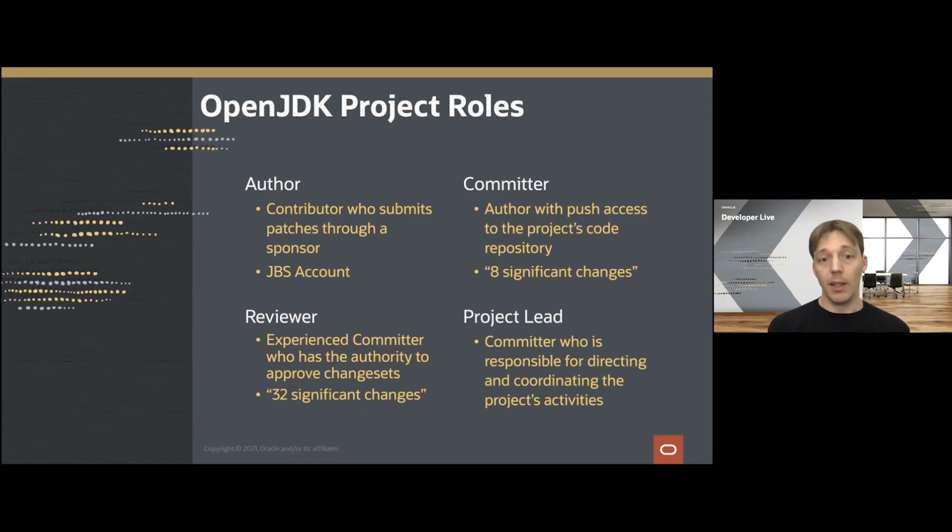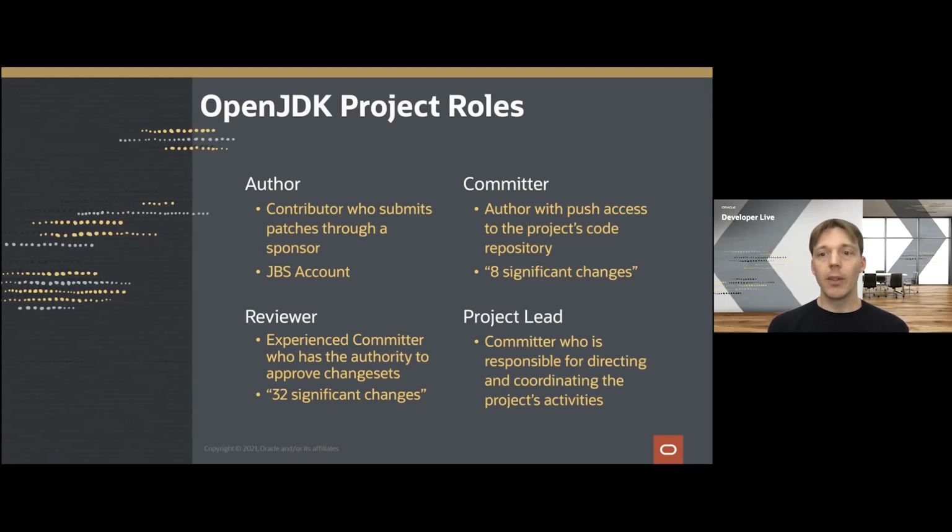Again, it's another reason why you should always discuss your changes on the mailing lists first, because the sponsor needs to be someone who is a committer or reviewer in the project. And in order to find this person and get the person engaged and interested in your change, you will need to have these discussions before you publish your patch. An author will also get write access to the JBS, the bug data system. And that's when you can start filing your own issues, reporting bugs that way.